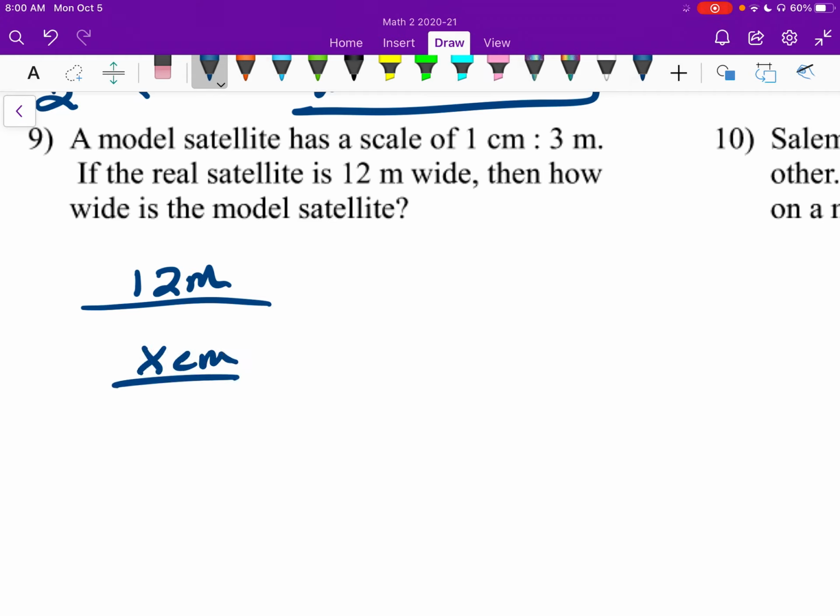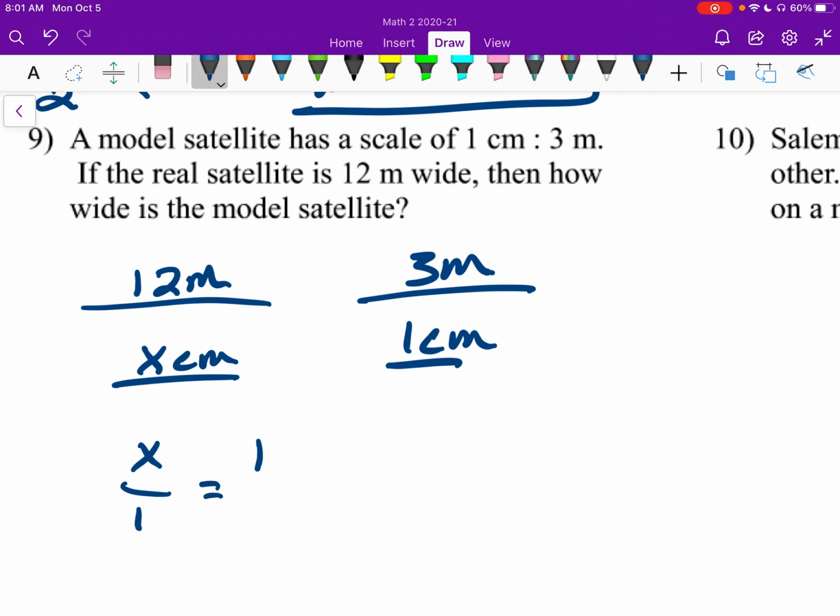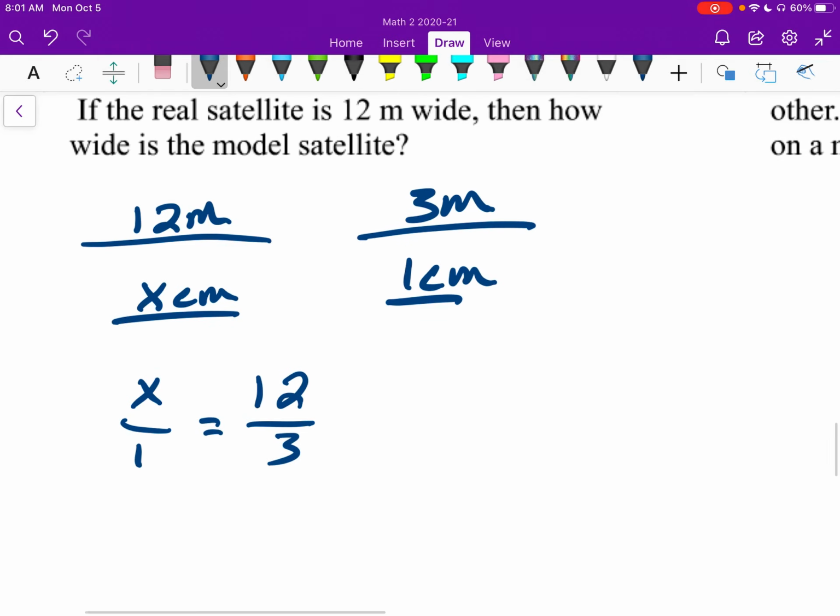And then over here we have our scale of 3 meters to 1 centimeter. So whenever I write my proportions here, I'm going to start with x centimeters over 1 centimeter equals 12 meters over 3 meters. And there we just have to reduce, x equals 4, and we're talking about centimeters.